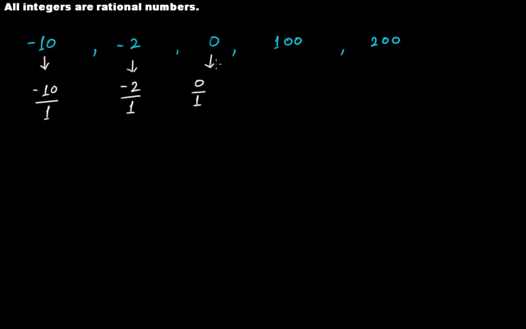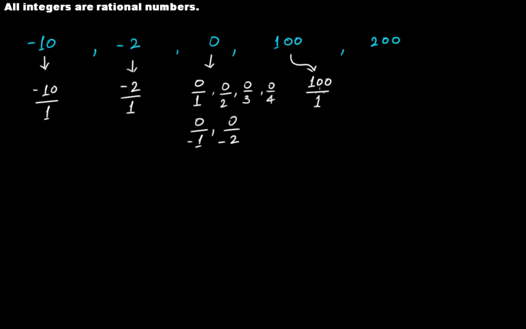But wait, we can write this 0 as 0 divided by 1, or we can write it as 0 divided by 2, or 0 divided by 3, or 0 divided by 4, or 0 divided by minus 1, or 0 divided by minus 2. It can be any integer, whether positive or negative, in the denominator. Only you cannot have 0 in the denominator. Rest, you take any integer in the denominator, whether positive or negative, you are going to get back that 0 only. If you want to write 100 as a rational number, this is 100 over 1.